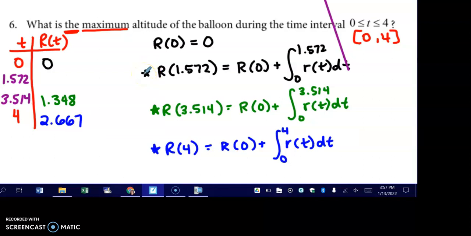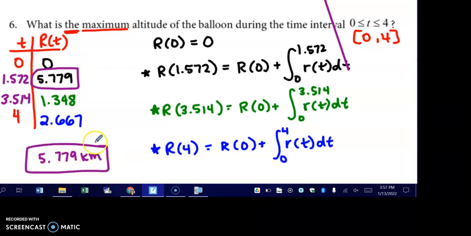And if you do this in your calculator, Math 9, you end up with 5.779. So what is the maximum altitude of the balloon? The maximum altitude is 5.779 kilometers. And remember, your candidate's test serves as your justification for that.